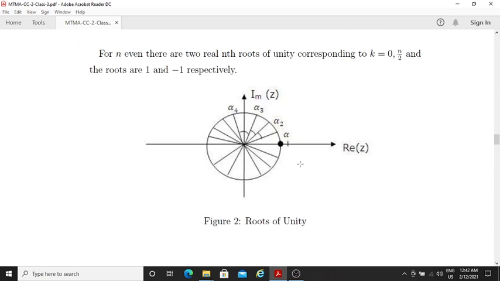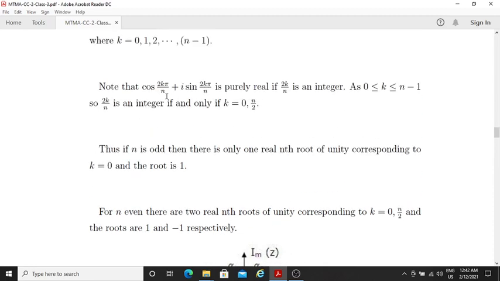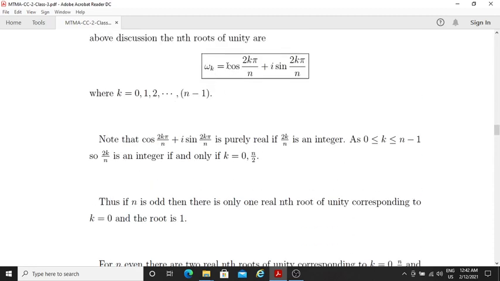Let us look at the picture. As we have seen in the last picture, the roots lie on a circle. So here also we have the same sort of picture. The radius of this circle is definitely 1, because these roots have modulus 1.